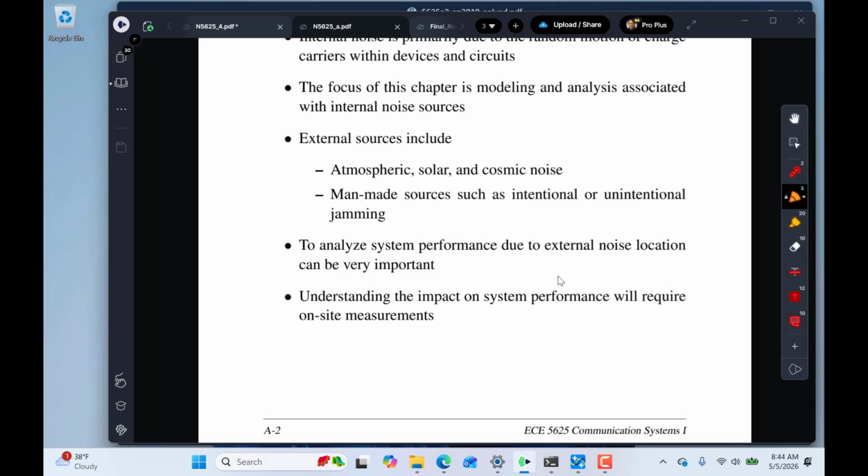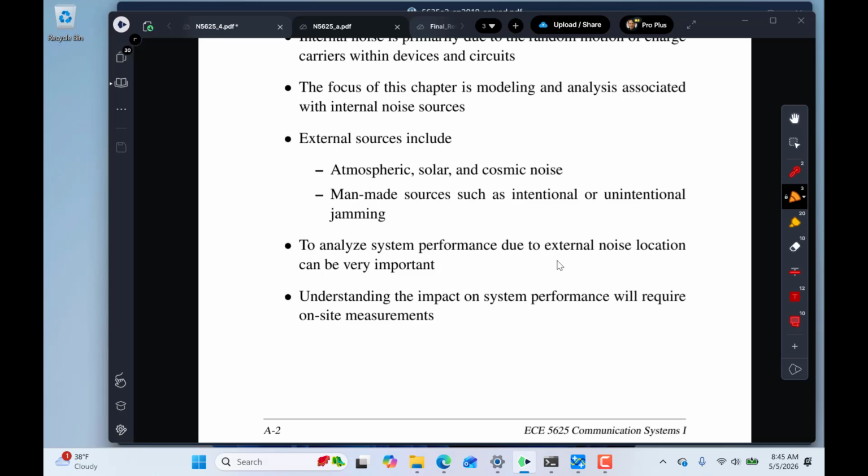The systems modeling is, again, what I want to focus on, but we'll get at the origins briefly. Then the external sources that come along, in addition to the electronic circuits themselves, might be atmospheric, solar, cosmic noise, could be intentional or unintentional jamming. And those can be modeled as noise in many cases too.